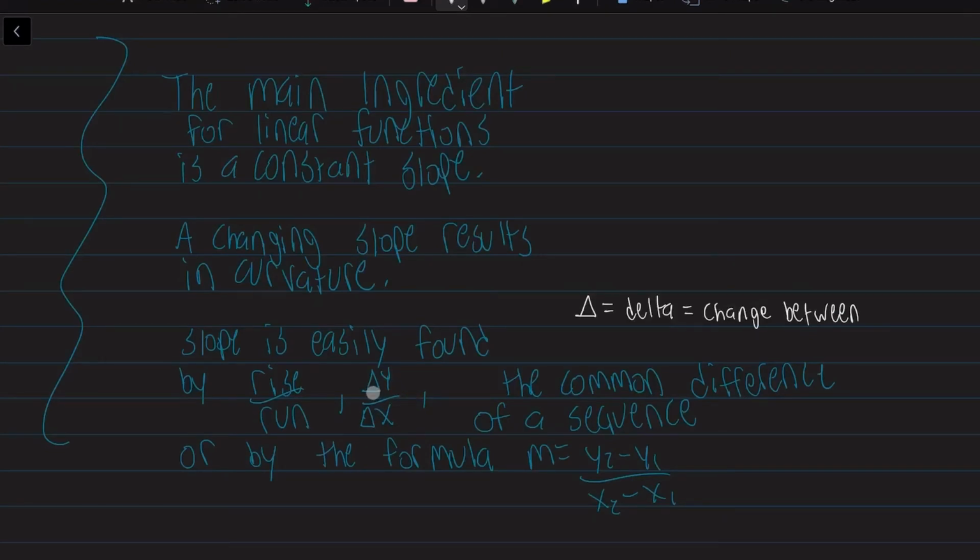So when you see delta y, that means the change between the y's. Y's are up and down. So if we're looking at this line on the left, as we go from the bottom to the top, how is the y changing? You divide that by the delta x, which means the change between the x's, and the x's measure from left to right.